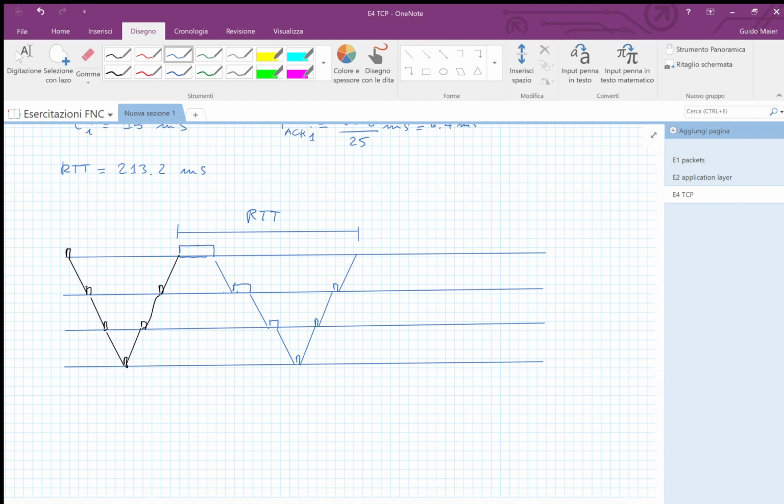Why did I write a single packet, a single segment in the first round trip time? Here we are at the beginning of the session. Okay. So how is the transmission window?